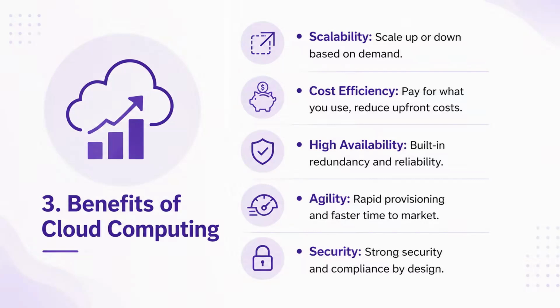So in OCI, agility provides fast provisioning. You can create virtual machines, databases, and networks within minutes. We have elastic scalability, so you can grow or shrink depending on usage.